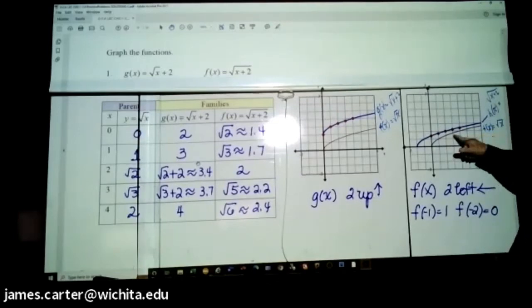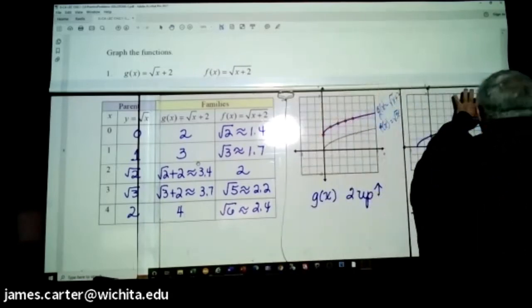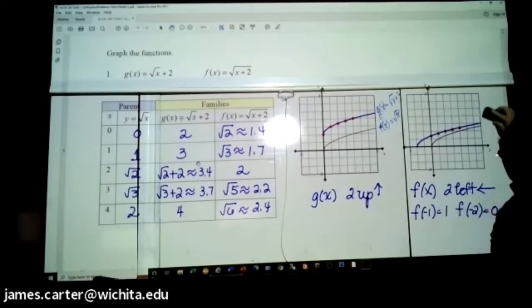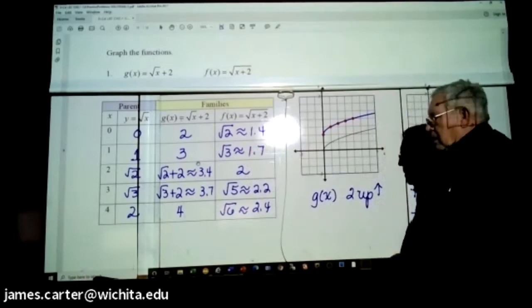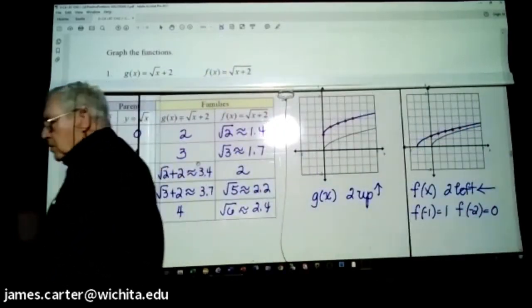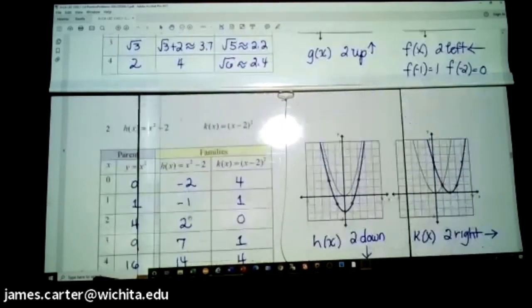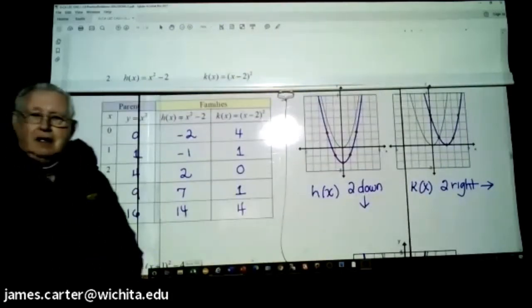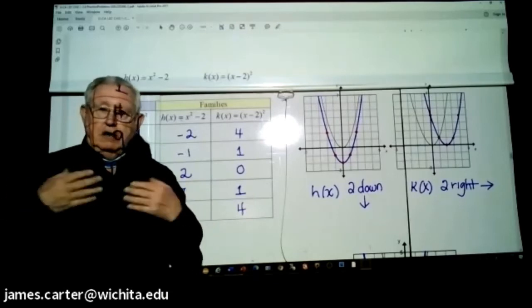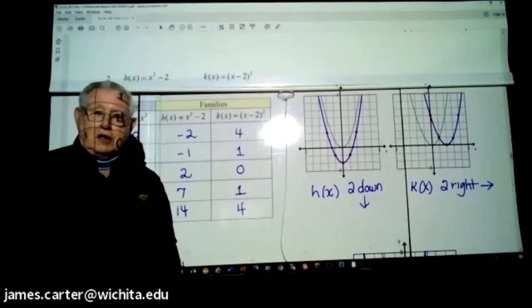Or you can rename this one if you want to. Call it h of x. But if you can graph them this way by transformations only, I'm not going to require you to fill in all those point values that you could compute. That's why we've been doing this. I have a favorite phrase: work smarter, not harder, for Carter. And what I was telling you then is working smarter.